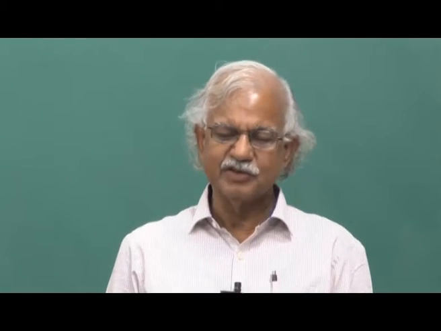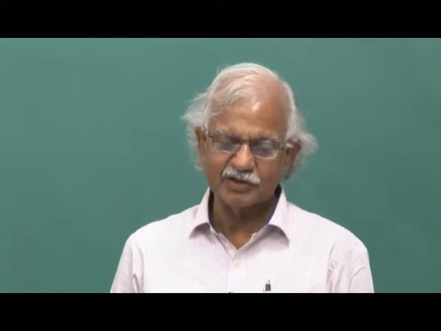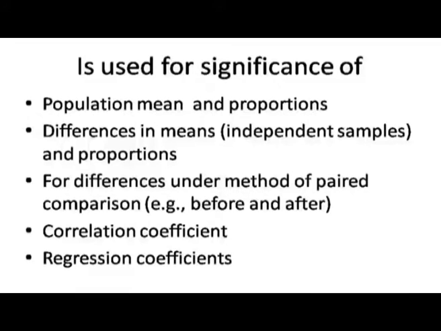Applications: t-test is used for significance of population mean and proportions. It means that the null hypothesis would be mu equal to mu 0. Mu is the mean of the population.